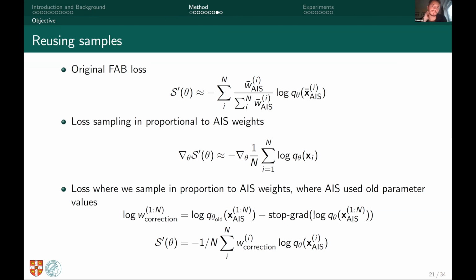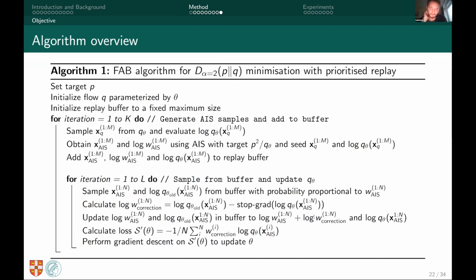Yeah, so that's all the ingredients we need. So now we can actually run through the overall algorithm. In each iteration of training, we're going to do two separate things. The first is we generate samples with annealed importance sampling. We sample from our flow and run annealed importance sampling with p squared over q as the target.